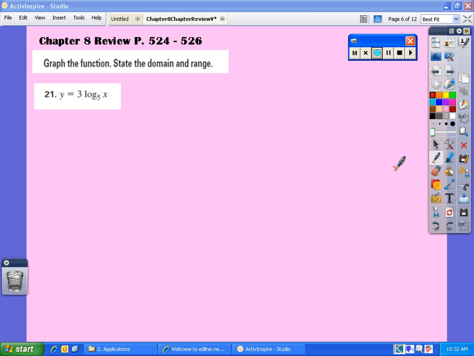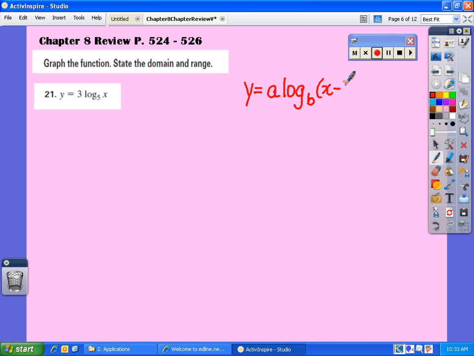Before we do that, however, let's look at log form and identify our parameters so that we know what to expect. We would get a log base b of x minus h plus k. Remember, with a log graph, because this is the inverse of the exponential, our asymptote is going to be related to the h value.